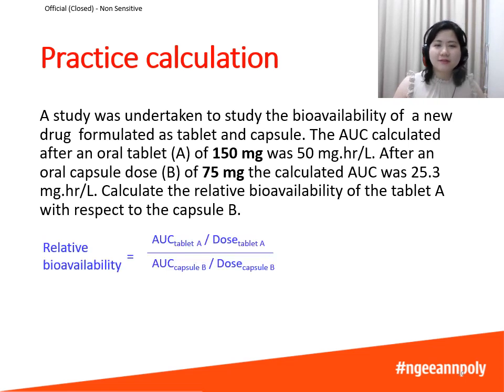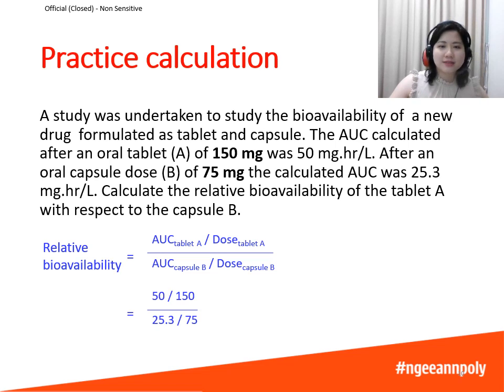The relative bioavailability is AUC of the test dosage form divided by its dose over the AUC of the standard divided by its dose. Here it says calculate the relative bioavailability of tablet A with respect to the capsule B. So tablet A is the test dosage form, while capsule B is the standard.